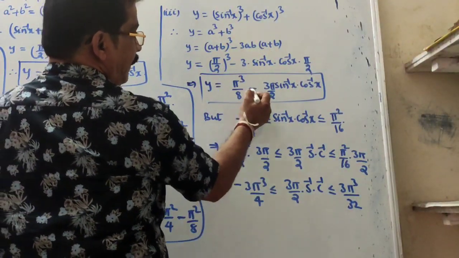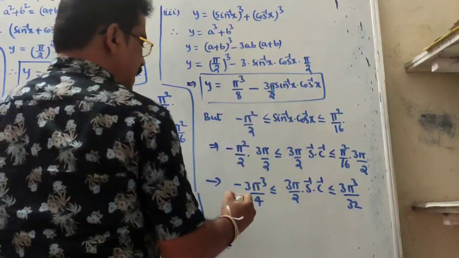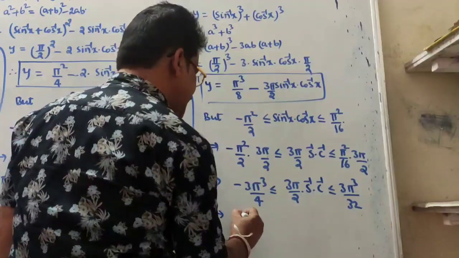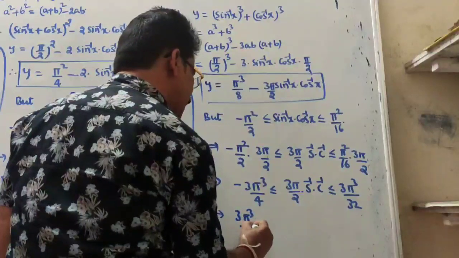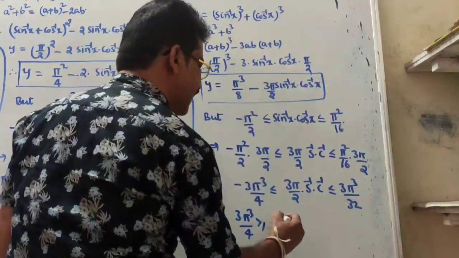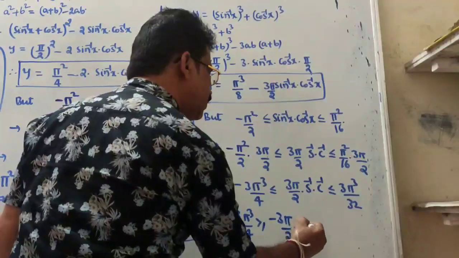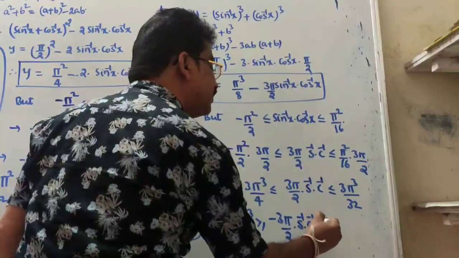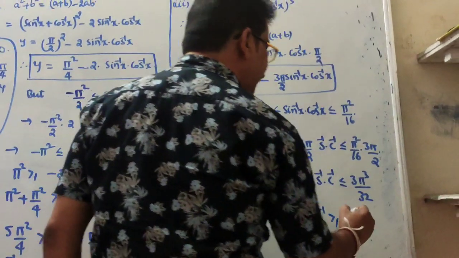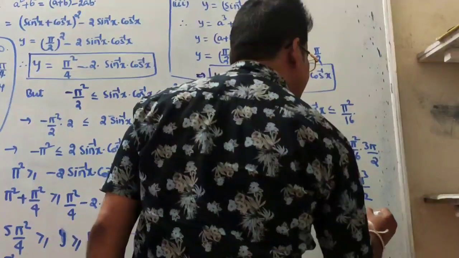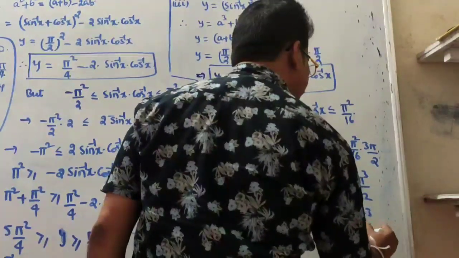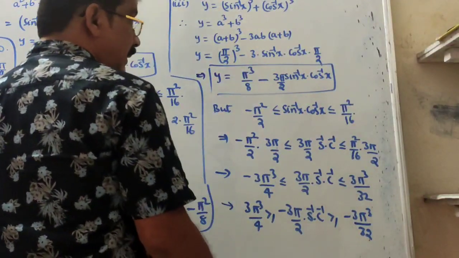Next we have to get minus, so multiply with minus. This is 3 pi cubed by 4 greater than or equal to minus 3 pi by 2 into sin inverse x into cos inverse x greater than or equal to minus 3 pi cubed by 32.